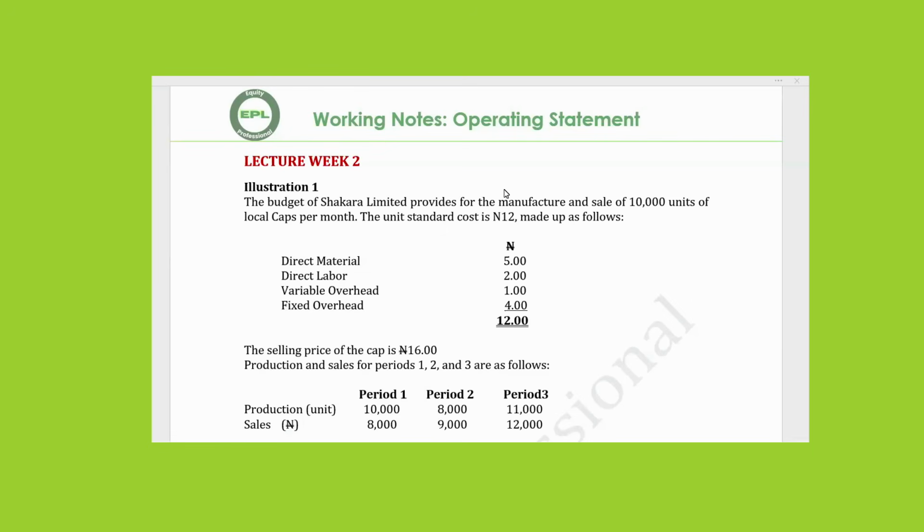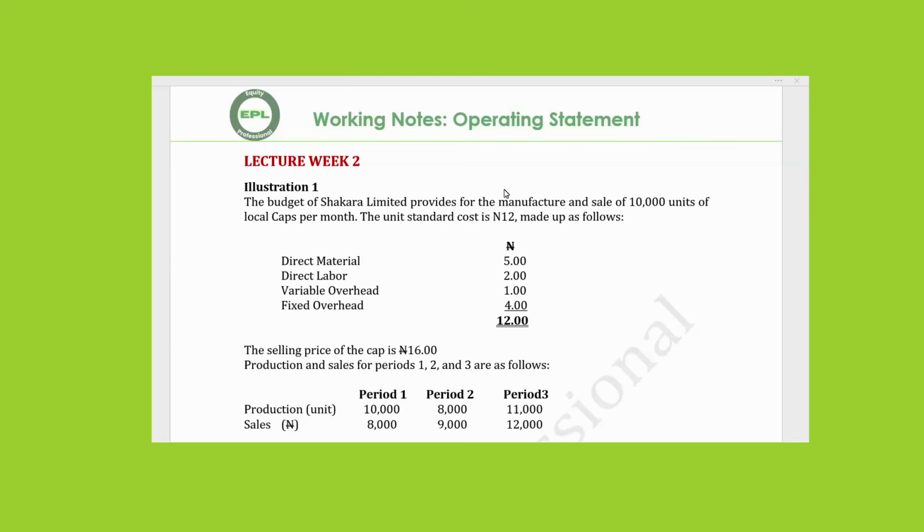The second point is that fixed production overhead is not part of production cost under marginal costing approach. Rather, it is written off fully from the aggregate contribution. Then point number 3, marginal costing approach does not consider overhead absorption costing.